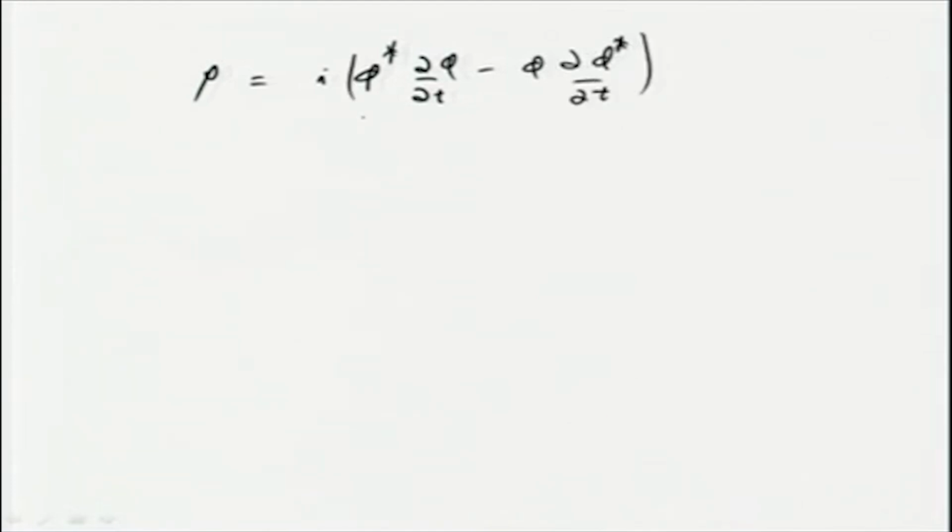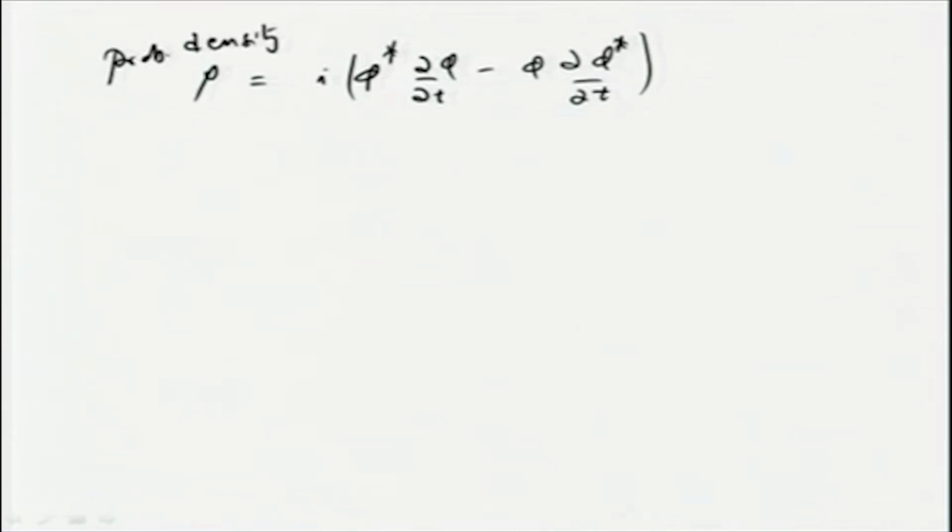All right. Now, we have the expression for rho equal to i (phi star times the time derivative of phi minus phi times the time derivative of phi star). This is the probability density.